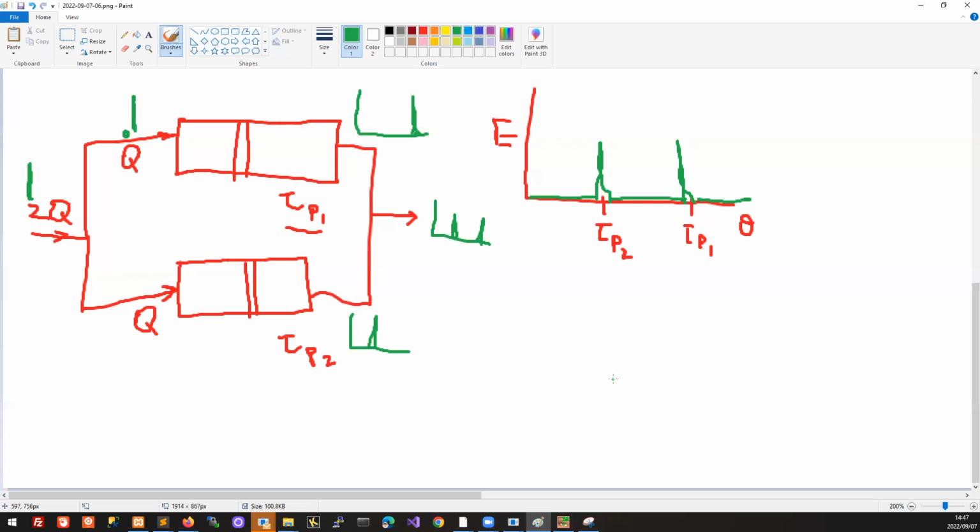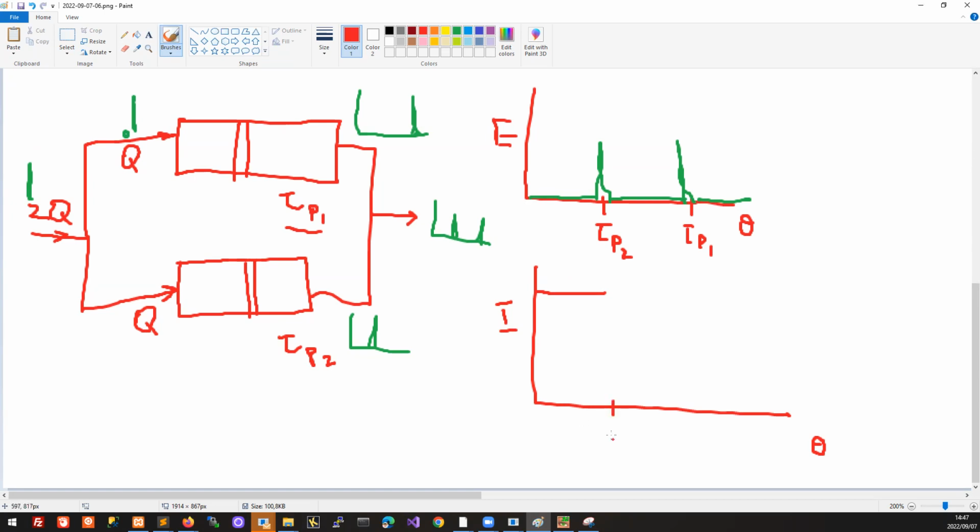Okay, if you were to plot the I of theta as well, remember the integral. When you integrate over here, you'll get nothing, so everything is retained. Whatever was in the reactor here was retained by both until you reach tau P2.